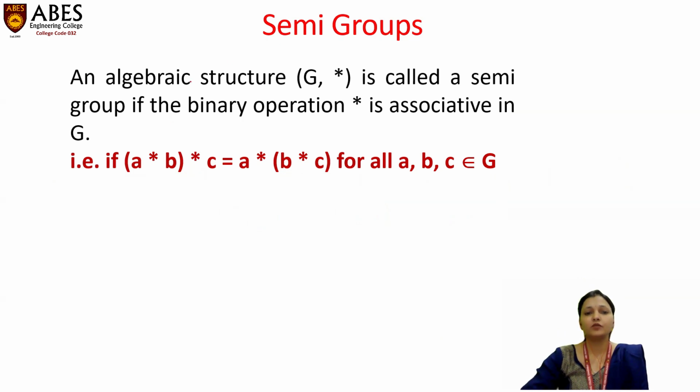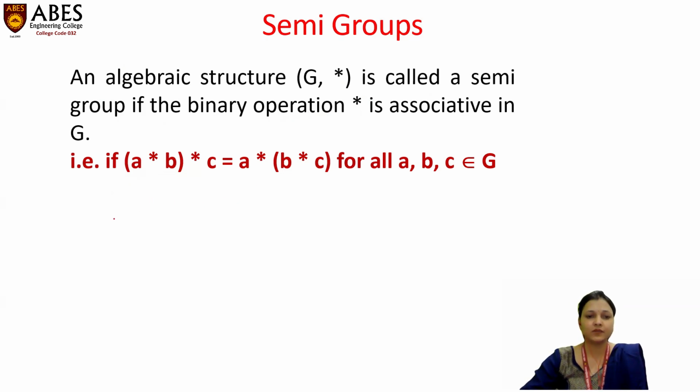The definition of semigroup says an algebraic structure is called a semigroup if the binary operation is associative in G. So, first of all, for checking whether a structure is a semigroup, we need to check whether it is an algebraic structure or not.